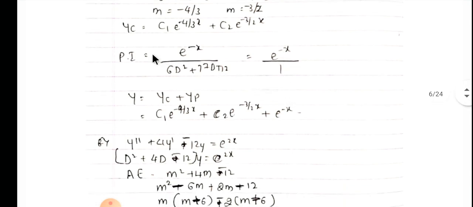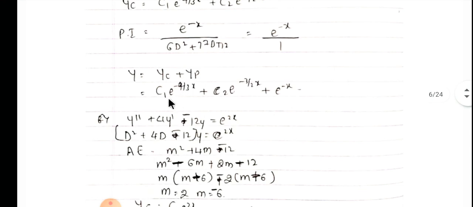After finding the PI, that is nothing but yp, you have to write the complete solution y is equal to yc plus yp. This carries 1 mark. After finding the complementary function and particular integral, you have to combine them, then you get the complete solution, that is the general solution.